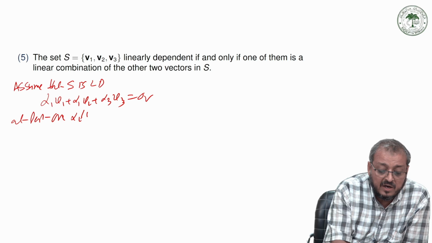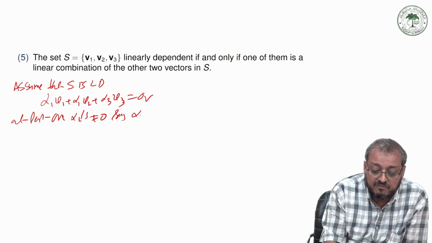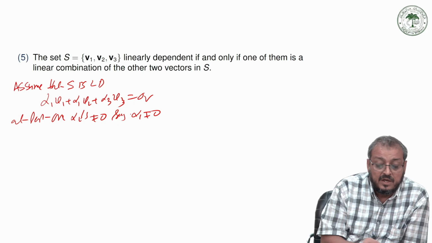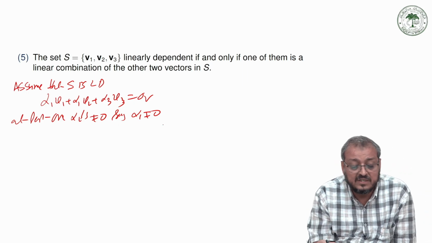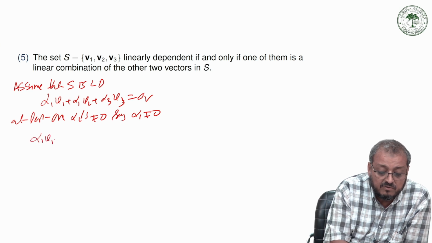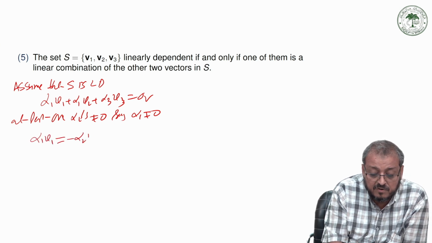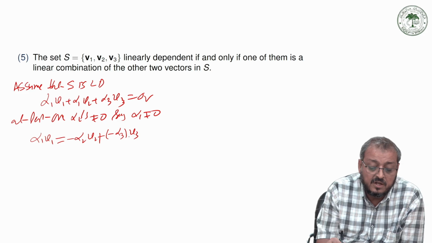Assume that alpha 1 is not equal to 0. Then alpha 1 V1 can be written as minus alpha 2 V2 plus minus alpha 3 V3.